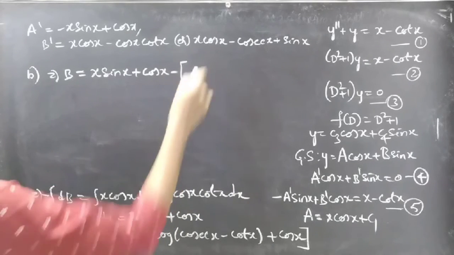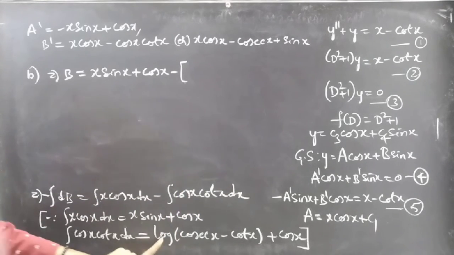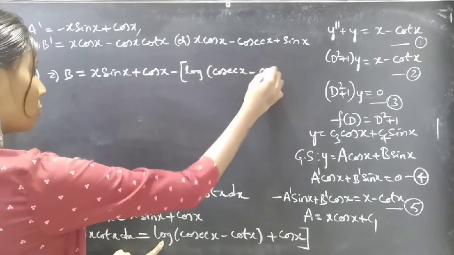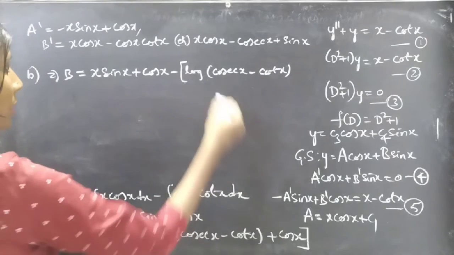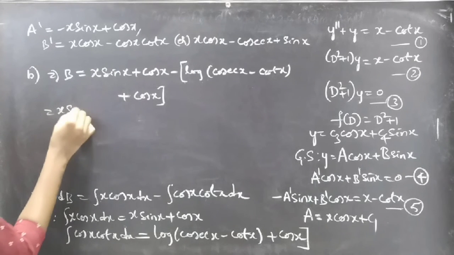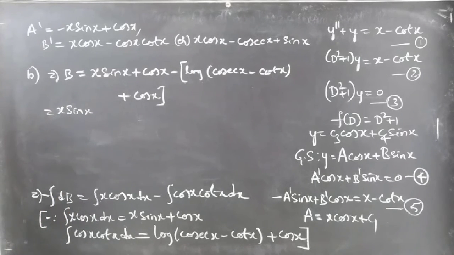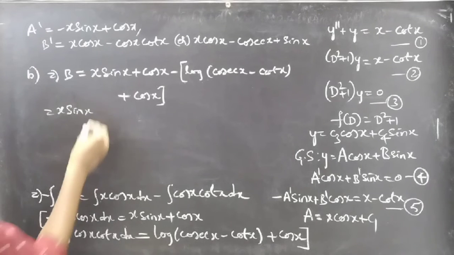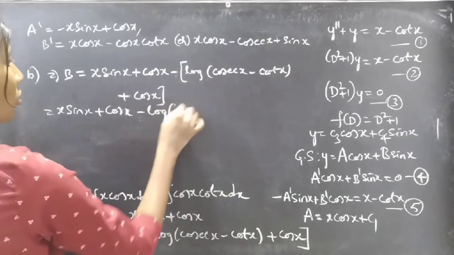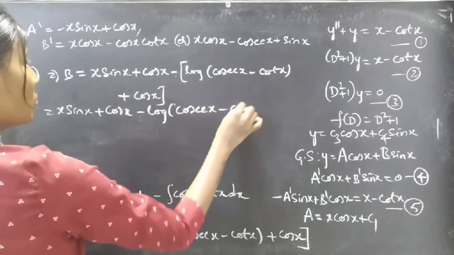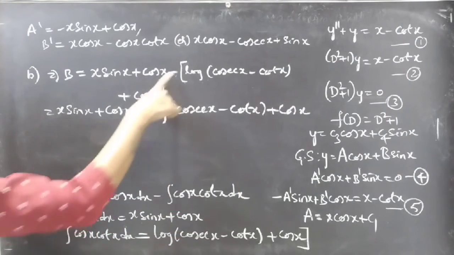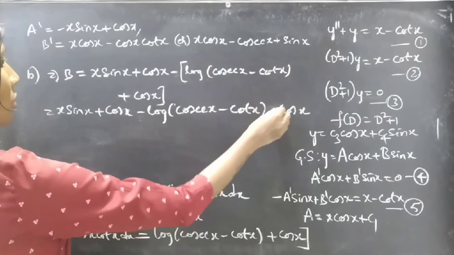Just replace the result obtained from the integration, log of cosecant x minus cot x plus cos x. This gives us x sin x plus cos x minus log of cosecant x minus cot x plus, sorry, minus into plus, minus cos x.